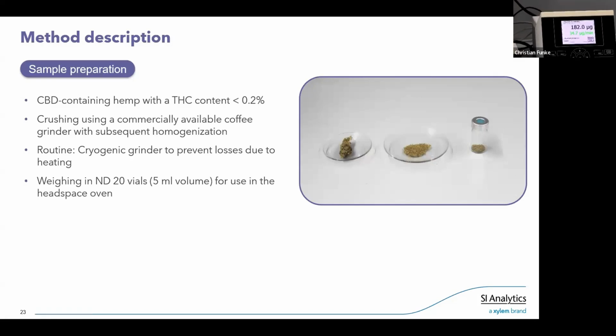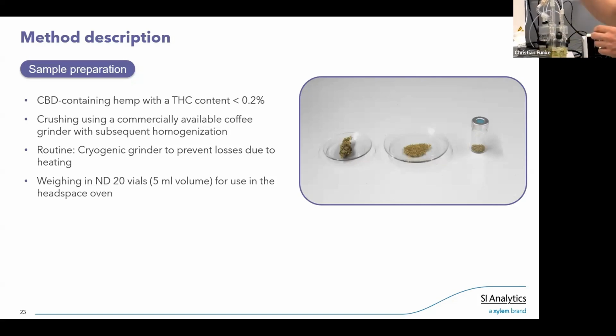So how did we prepare the sample? At the beginning, we have such cannabis flowers. Hope you can see it. So, quite big, and we cannot really introduce it into the vial. Therefore we ground a bigger amount to have a homogeneous sample.